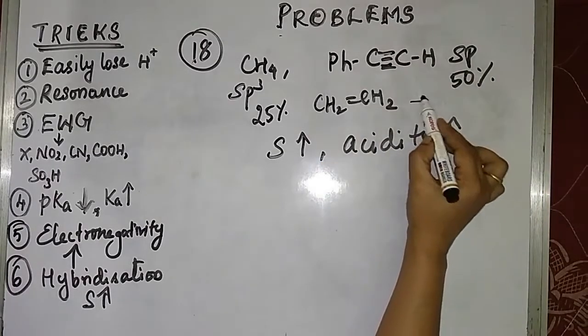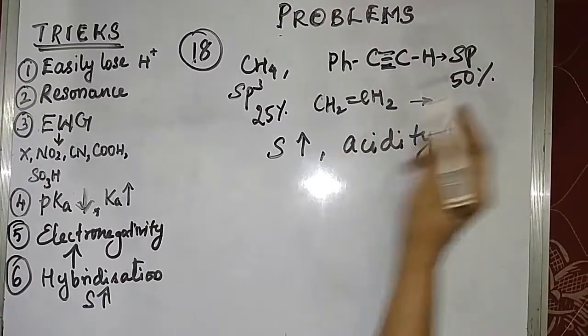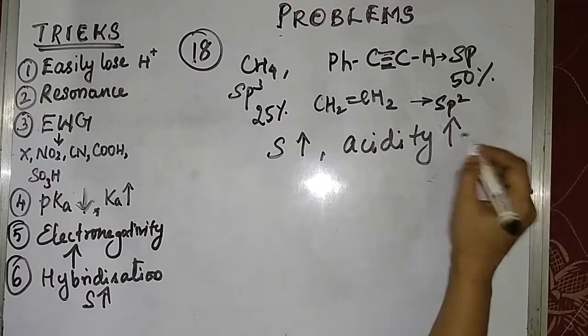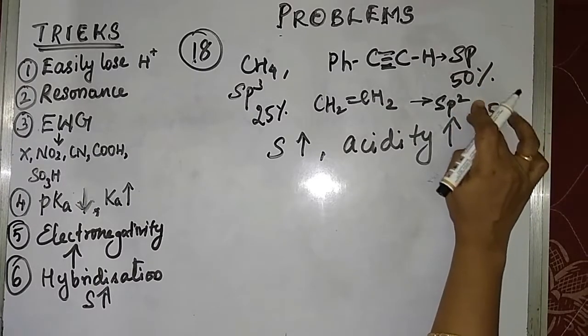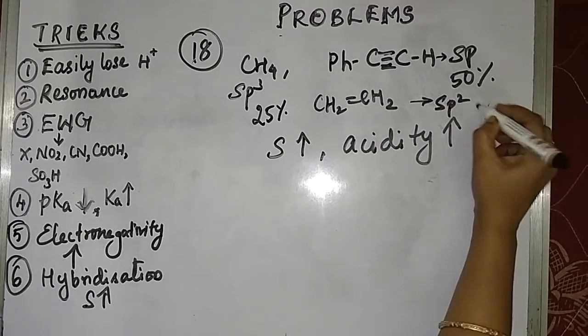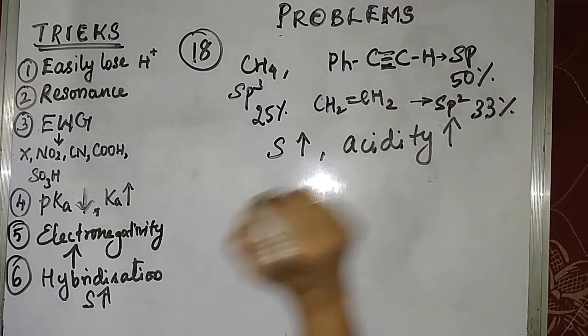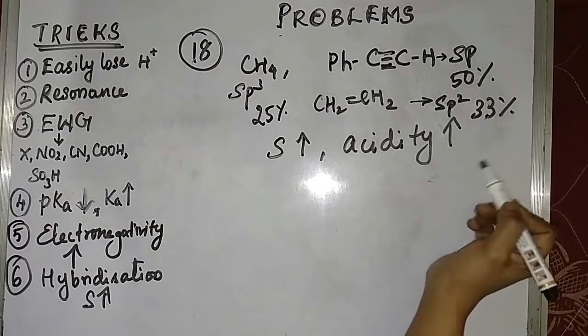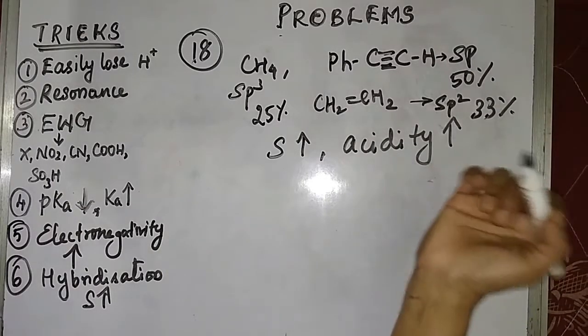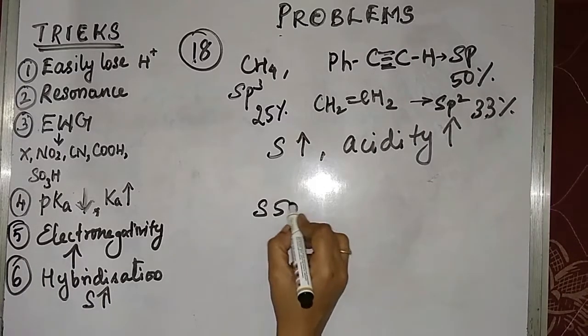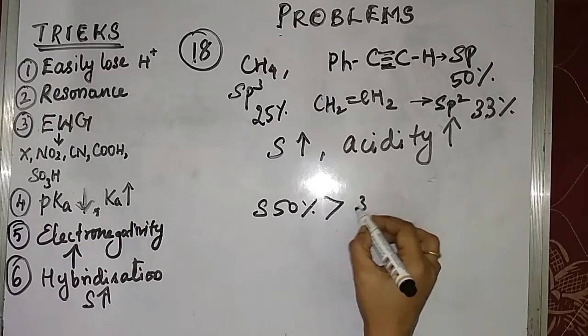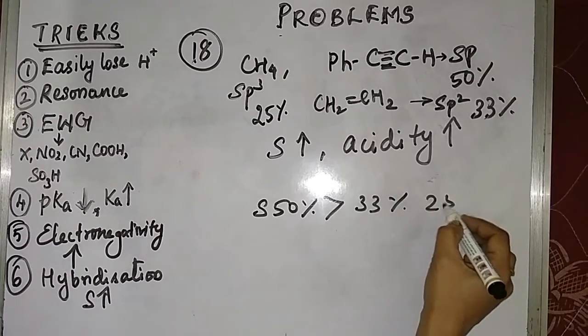Here, if you see, sp2 hybridization, here is 25%, here 50%, here nearly 33% S character. So the acidity increases according to the S character. Which one will come first? Acetylene will come first. If the S character is 50%, that comes first, then 33%, and then 25%.